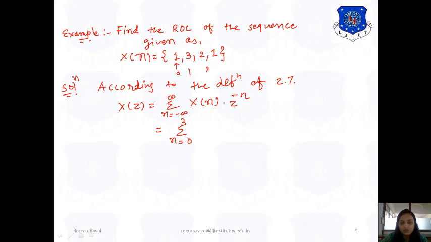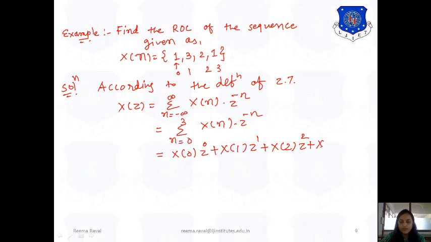The same procedure which we have done earlier, similarly we get x of 0 z to the 0, plus x of 1 z to the 1, plus x of 2 z to the 2, plus x of 3 z to the 3. But over here z to the minus n is there, so it is minus 1, minus 2 and minus 3. So we will get 1 plus 3z inverse plus 2z to the minus 2 plus 1z to the minus 3.